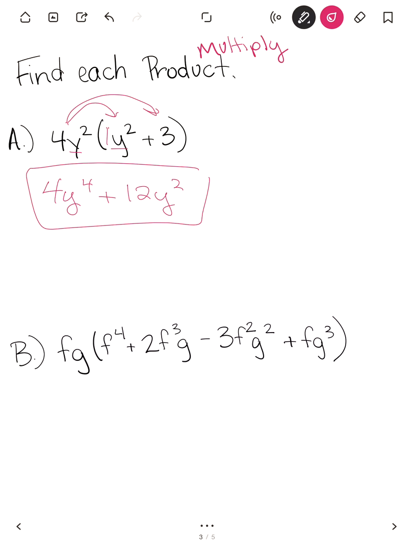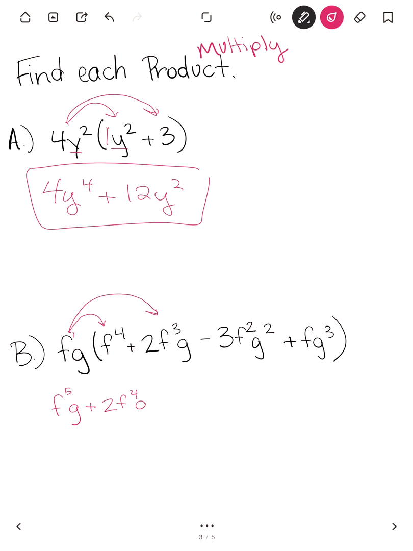Looking at B, it looks scary, but it's really not. We add the exponents when we have the same bases, the same variables, and then it just hangs out if we don't. So if I multiply fg times f to the fourth, I get f to the fifth, because this has a 1 and 1 plus 4 is 5, g. Then I do fg times 2f cubed g. Well, I have a plus 2. F to the first times f cubed is an f to the fourth.